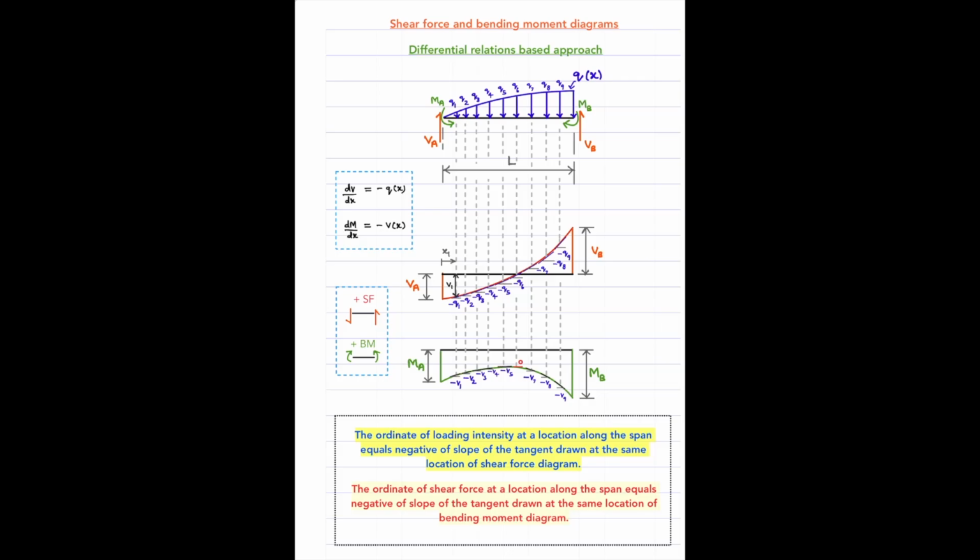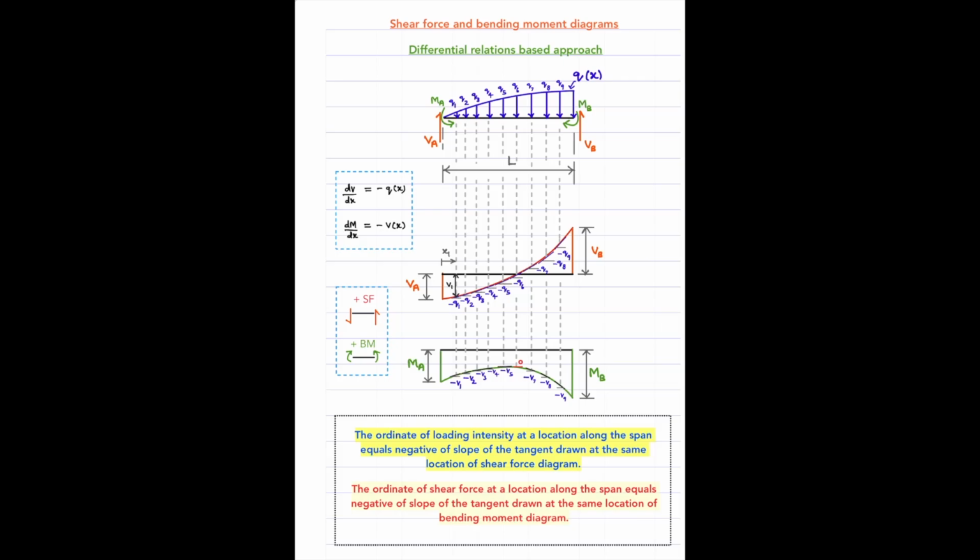Now, when we draw the SFD, it has to obey this first rule. This rule says dV/dx equal to minus q of x. What does that mean? dV/dx is like dy/dx, which we say is the slope of the tangent drawn at a particular point for the curve y of x.